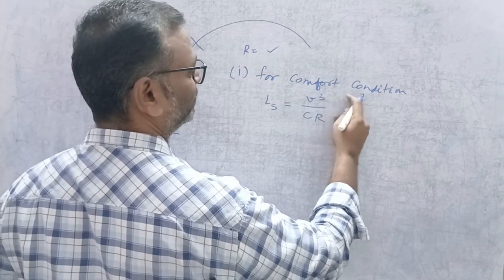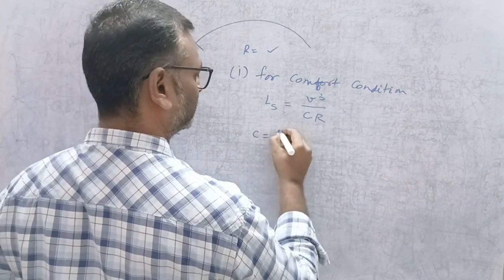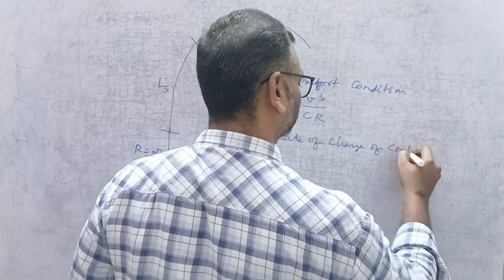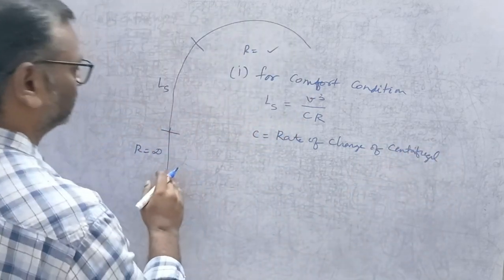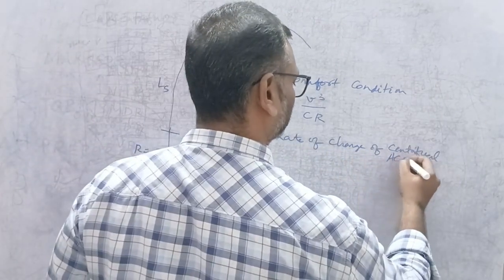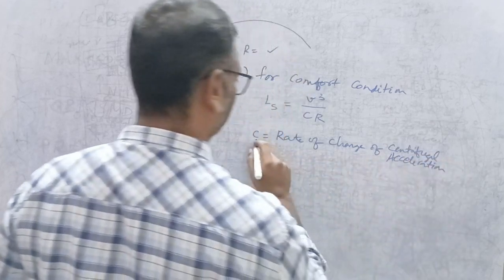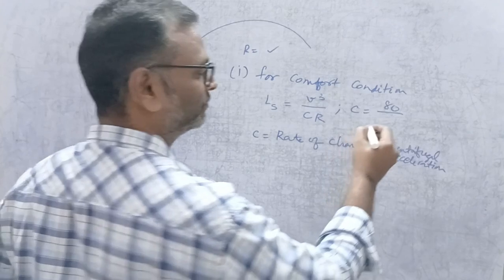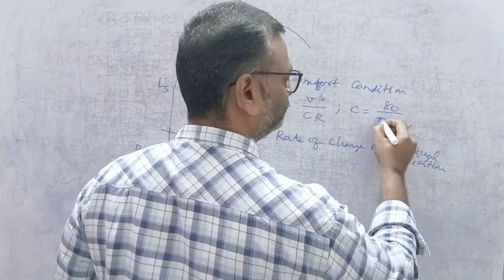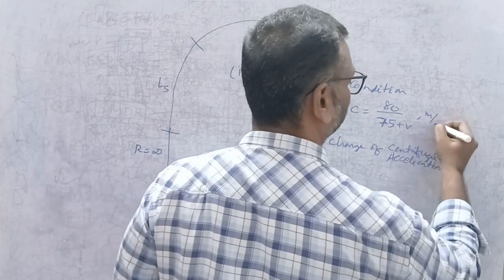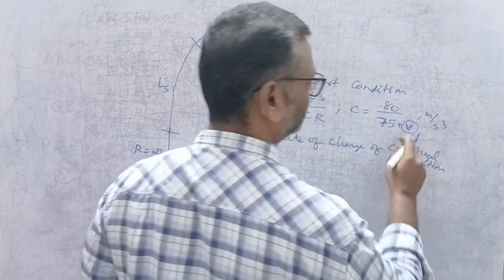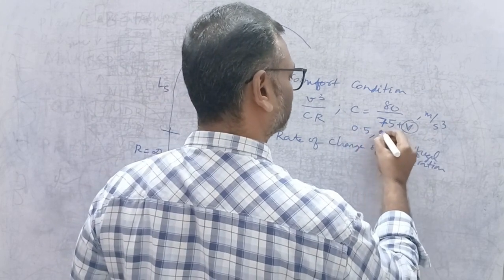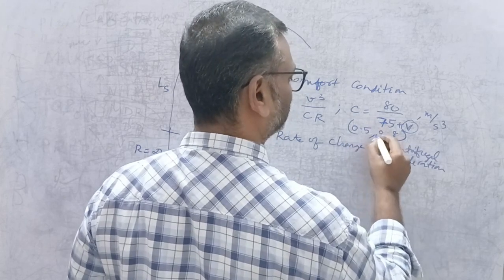We know V is the design speed in meters per second, and C is the rate of change of centrifugal acceleration. We have already seen that at curves there is centrifugal force, so we have centrifugal acceleration, and C is 80 by (75 + V) in meters per second cube, where V is the design speed in kilometers per hour. This value of C is restricted between 0.5 and 0.8.